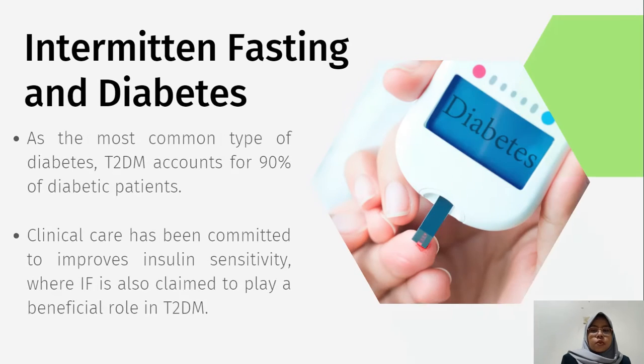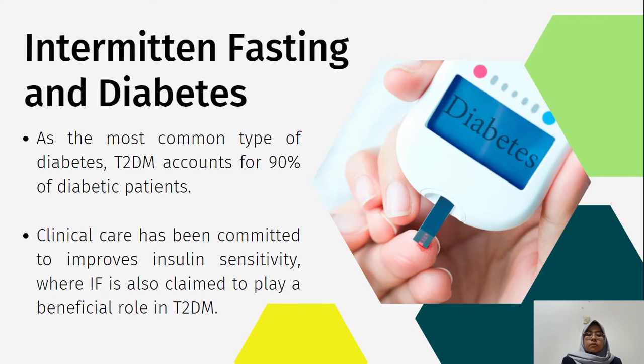In the next slide, we will talk about intermittent fasting and diabetes. Obese patients are 3 to 4 times more likely to develop diabetes than non-obese patients. As the most common type of diabetes, type 2 diabetes accounts for 90% of diabetic patients.